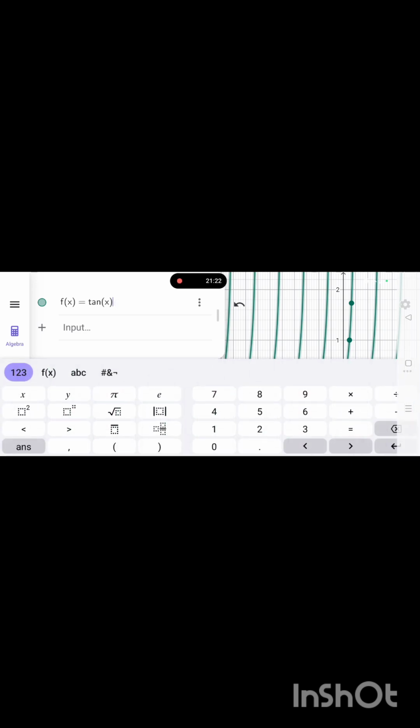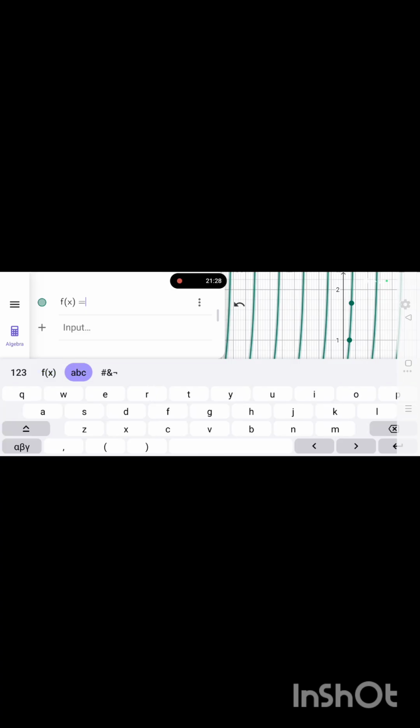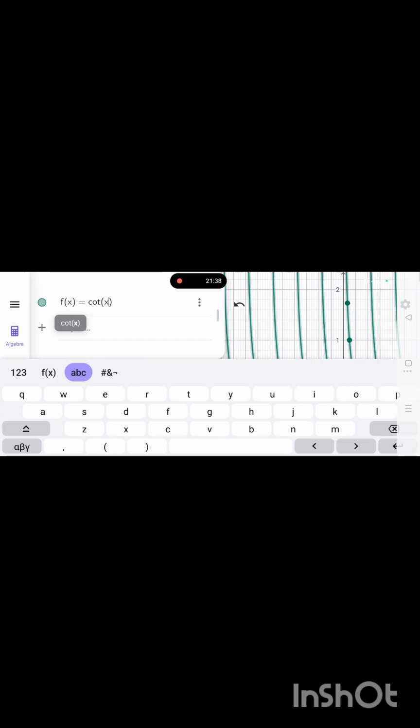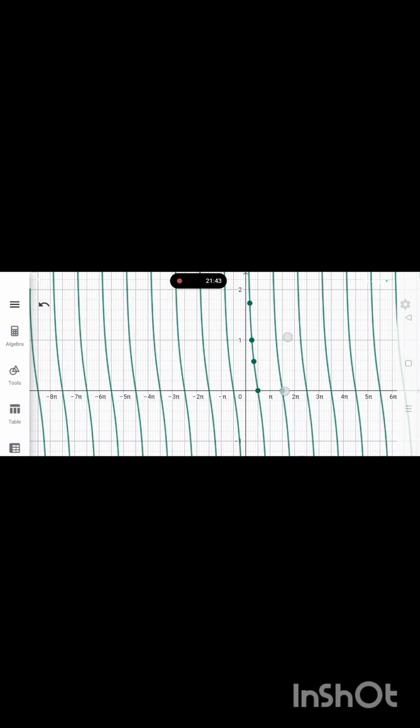Next we will change to cot. Tan is already done. Cot now. Yes, it is just like a mirror image of tan. Look at this.